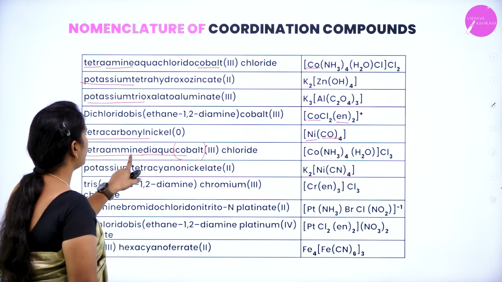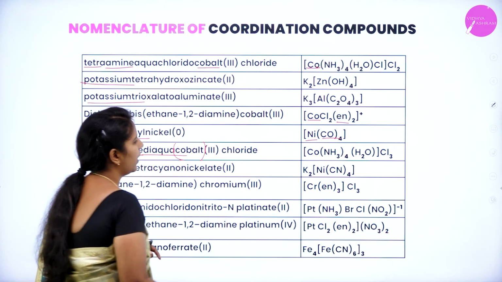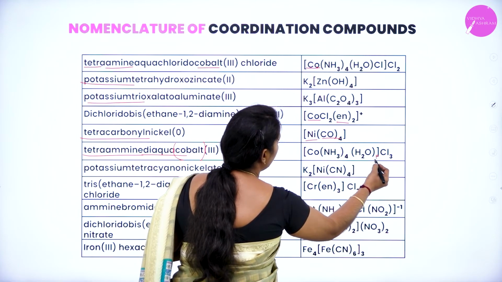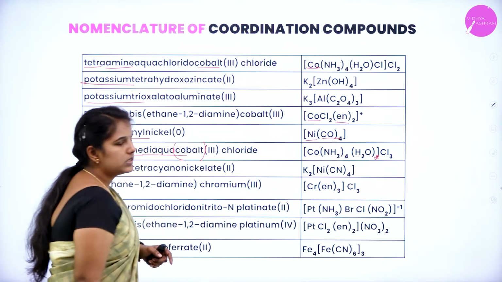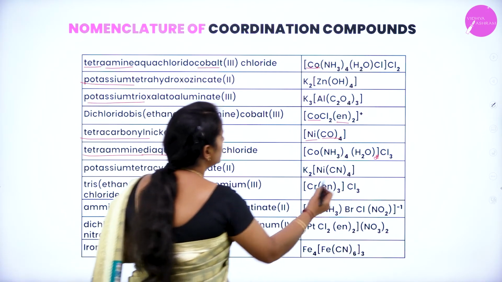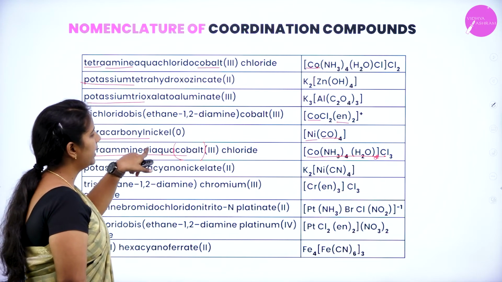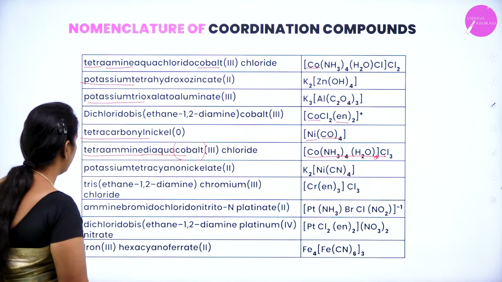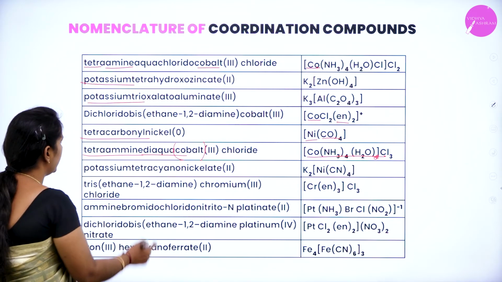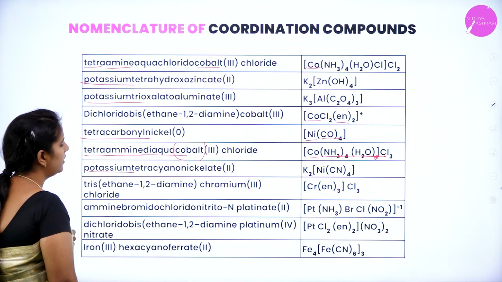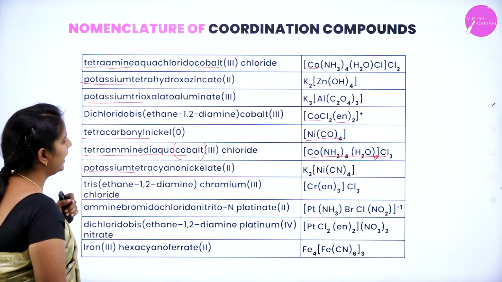Tetraammine means 4 ammine groups and diaqua means 2 water molecules. So this is an example for what? Tetraamminediaquacobalt(III) chloride.